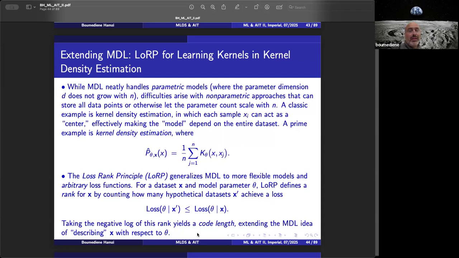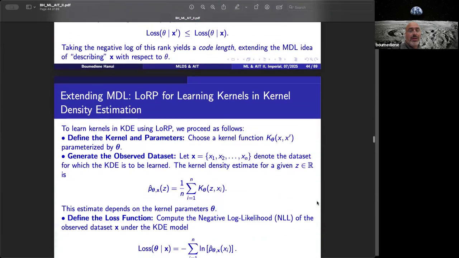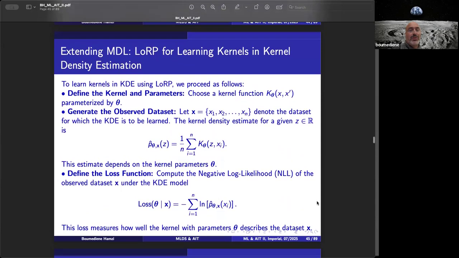Taking the negative log of this rank gives a code length, extending the MDL idea of describing X with respect to theta. So this is the procedure that we suggested to learn parameters of a kernel using AIT principles. As I said, the idea is to bridge the gap between machine learning and AIT using kernel methods, and here we are doing it for supervised and unsupervised problems.